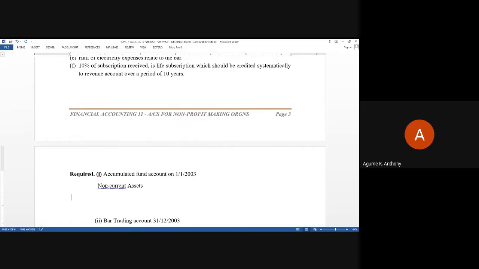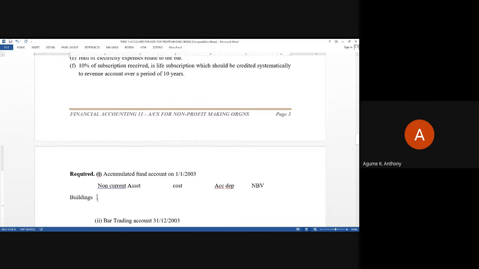And among these, I have buildings. So the cost, we can say here I have cost, I have accumulated depreciation, then I have net book value.